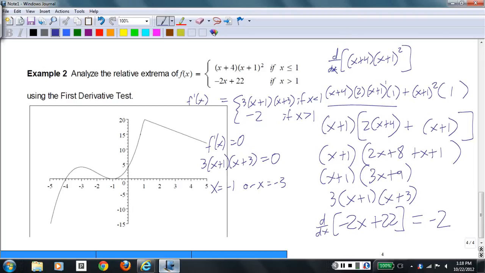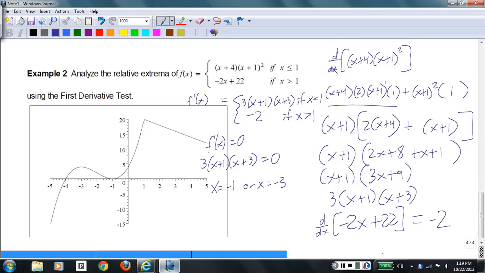Wait. No, it's okay. There's one more thing I should have said: they're both less than 1. Because if one had happened at 2 or 3 or 4, it wouldn't have counted, since we're only using this expression for x less than 1.